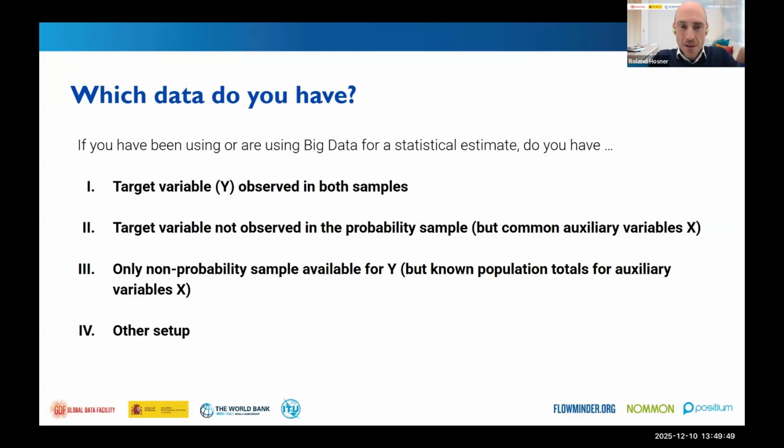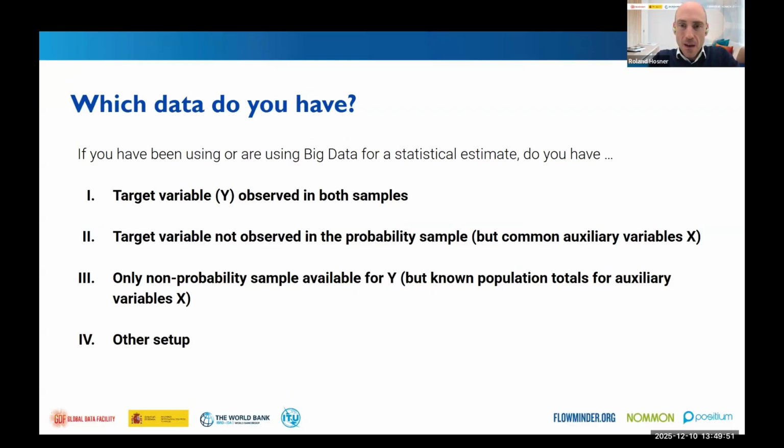Or do you only have the probability sample Y and known population totals, or maybe a completely different setup that I haven't shown? Take a moment to think about it and answer the Zoom poll that should have just popped up in your Zoom window. I'll give you a minute or two, and then I'll conclude with the content.